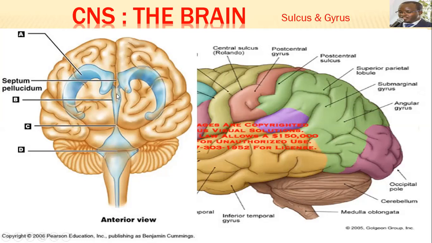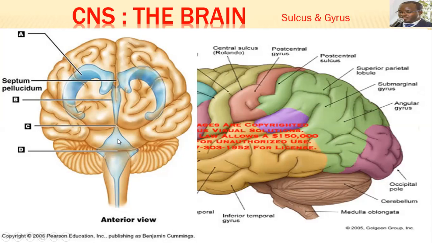So you have the midbrain, the 3rd ventricle, and then you have the aqueduct. This aqueduct connects the 3rd ventricle to the 4th ventricle. It's called the aqueduct of Sylvius, which connects the 3rd ventricle to the 4th ventricle.